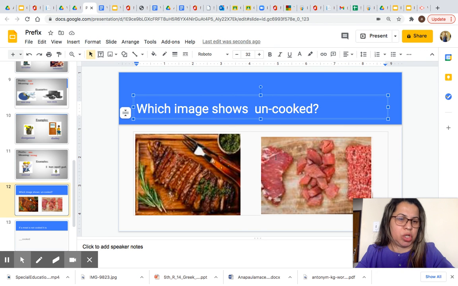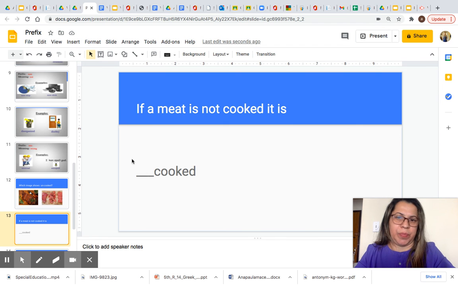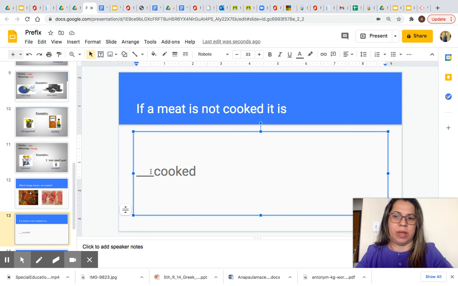Which image shows that the meat is uncooked? Circle the image. Now, if a meat is not cooked, this meat is, and then you're going to add the prefix here.